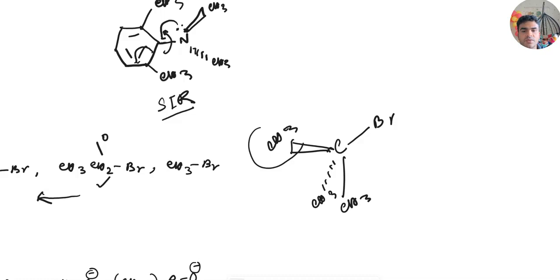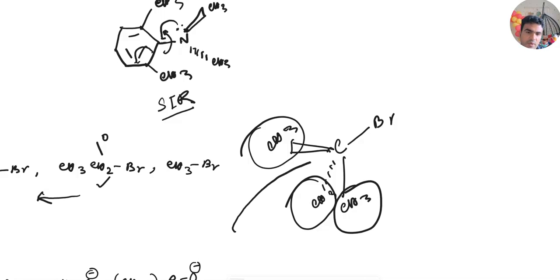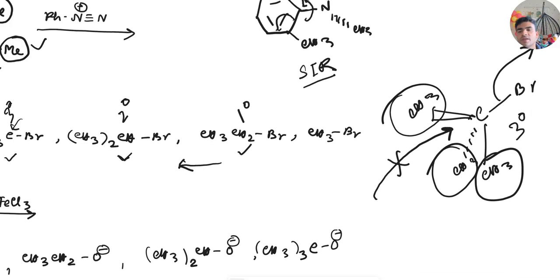So here these three bulky groups are there, and due to this the nucleophile cannot attack from the back end to displace the bromine in the halide. So SN2 reaction will not easily take place for this tertiary halide.